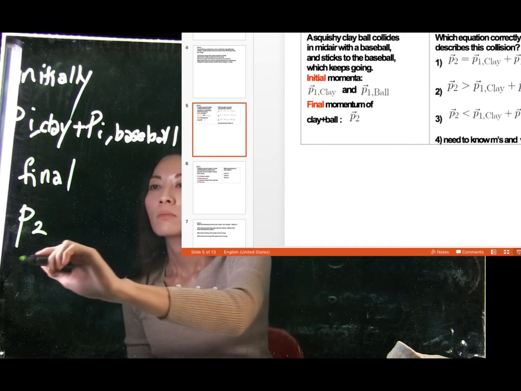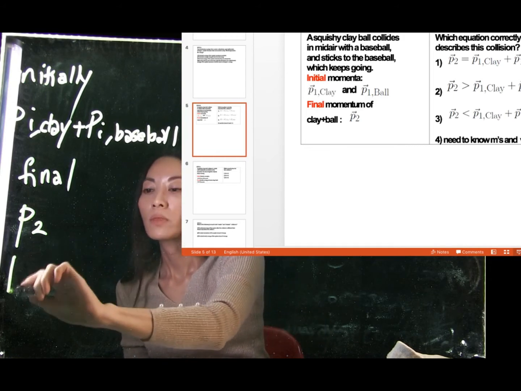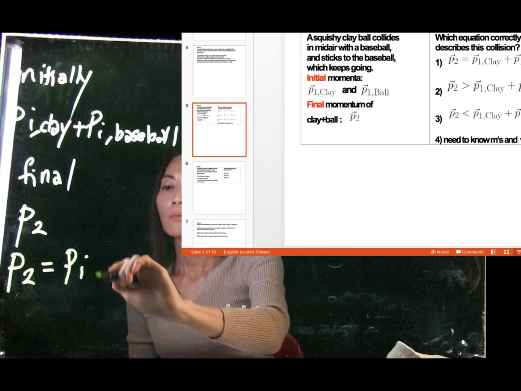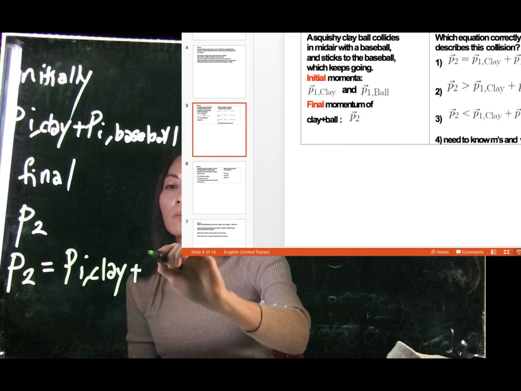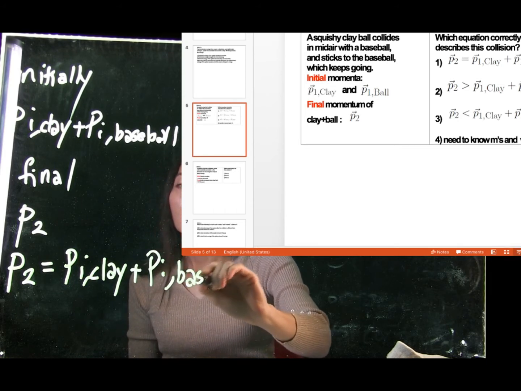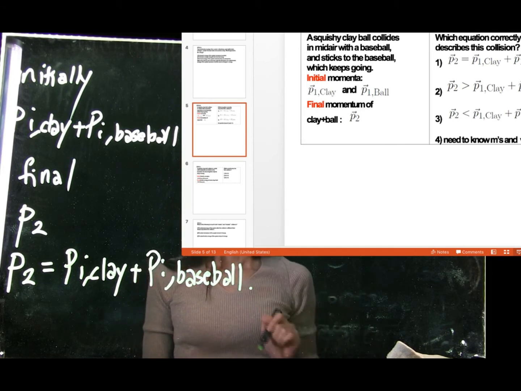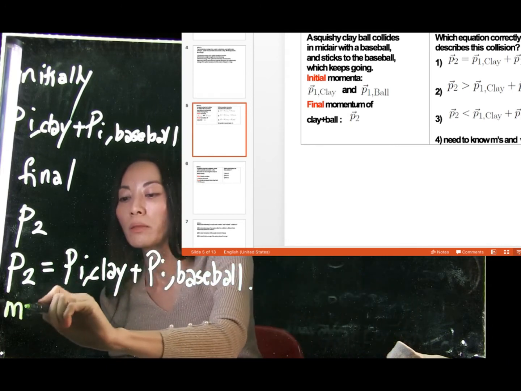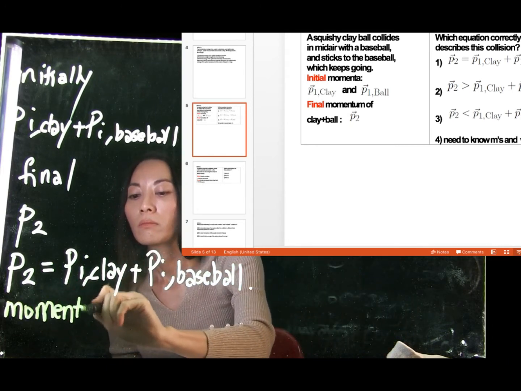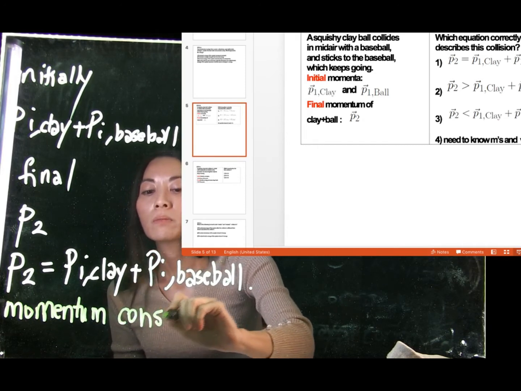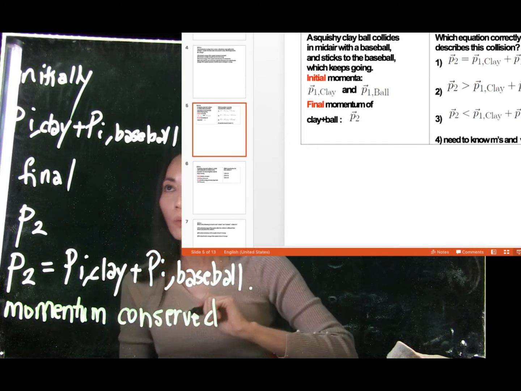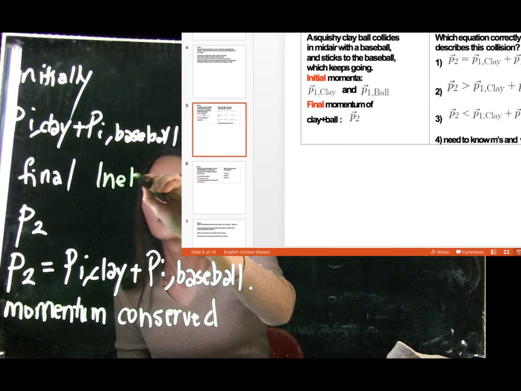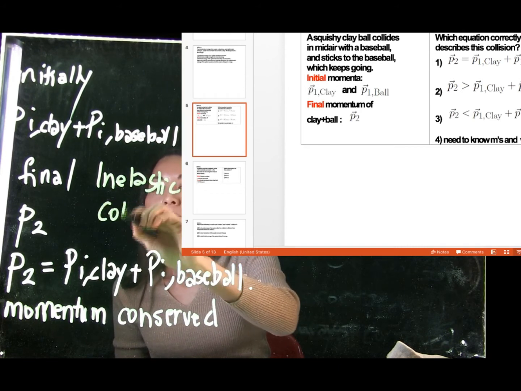So the correct answer would be that the final momentum of the combined objects is equal to the initial momentum of the clay ball plus the initial momentum of the baseball. Therefore, this shows that momentum is conserved in both elastic and inelastic collisions. So this would be an inelastic collision.